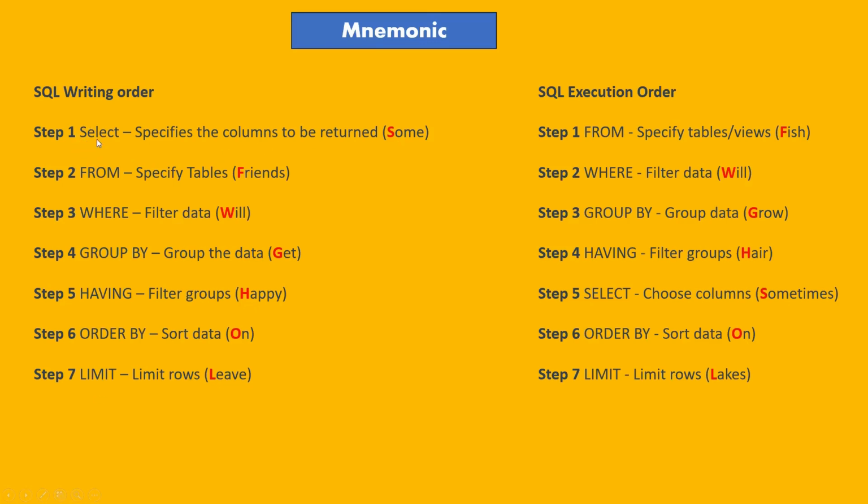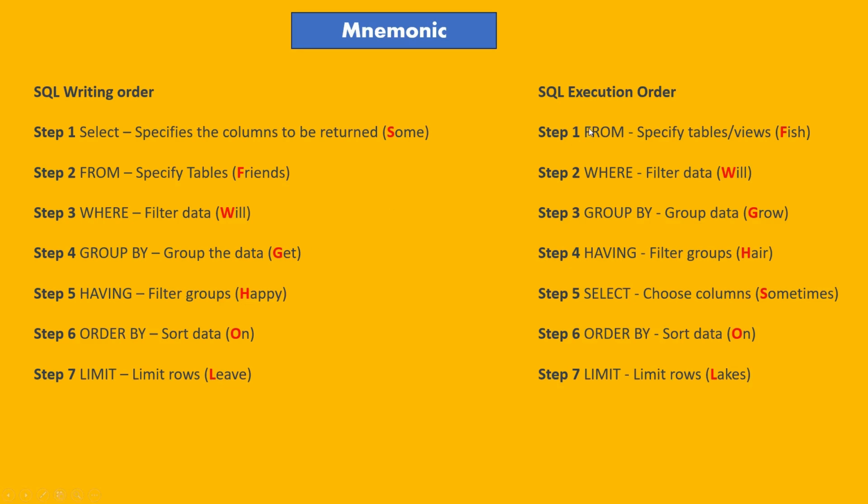If you read this sentence, some friends will get happy on leave. S means select, F means from, W means where, G means group by, H means having, O means order by, and L means limit.